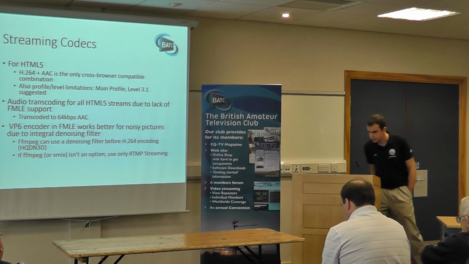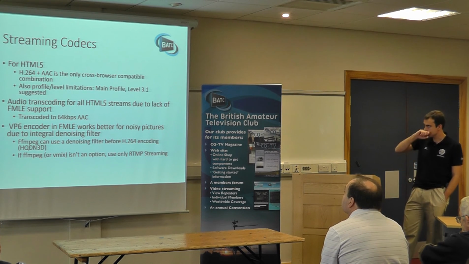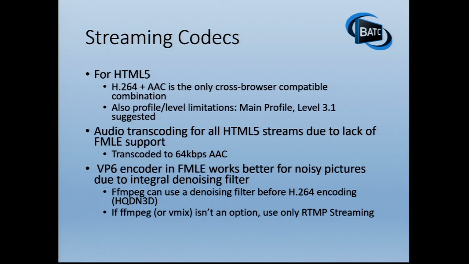And lastly, I've just got a slide about the codecs. If you're going to use the HTML5 mobile compatible stream on the new streamer, there are certain other codecs that work in certain browsers. But if you want to cover all browsers, so cover people using IE, Safari, Firefox, and Chrome, you need to use H.264 and AAC.